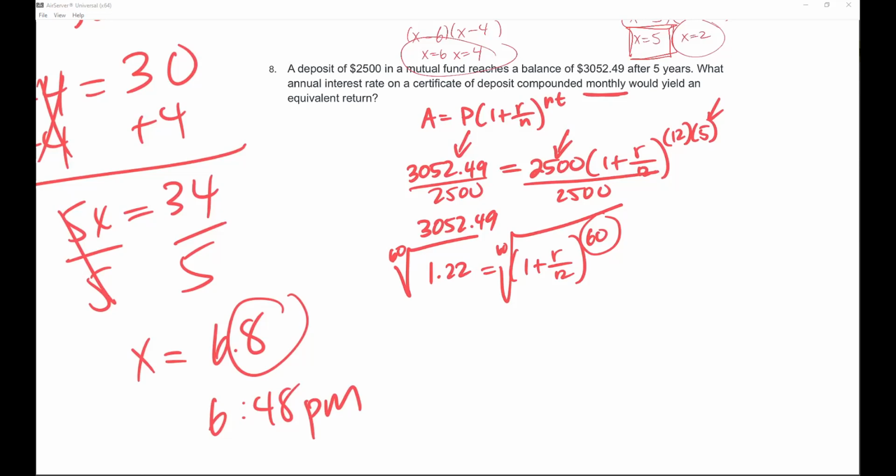oops. I guess you're supposed to put 1.22. Oh, clear this. 1.22. And then inverse. Let me show you what I'm doing here.